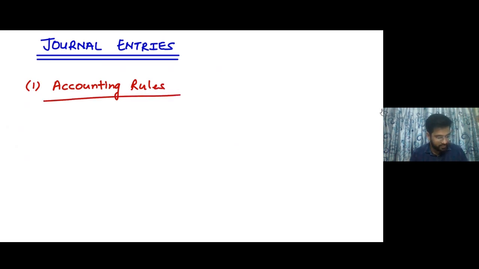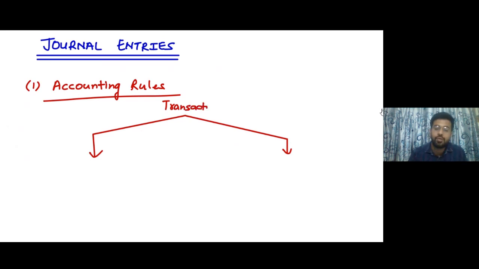The accounting rule says we have two things for every transaction. That is debit, which is denoted by DR. Okay, not doctor. It is debit, DEBIT.